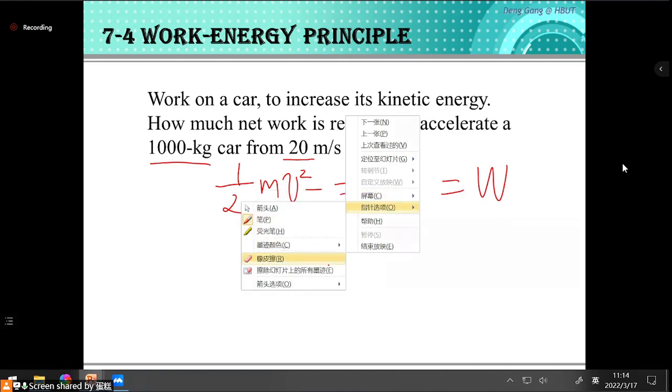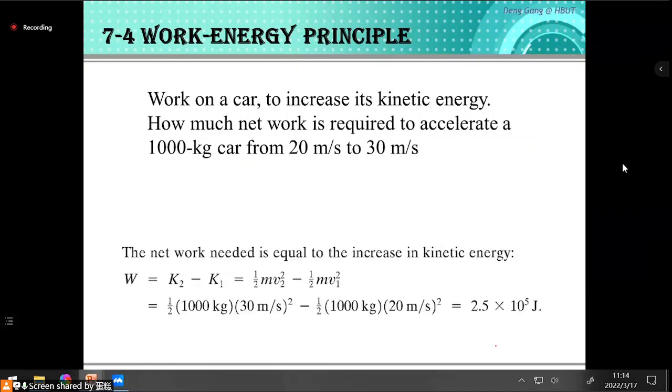The work required is large. You may, for example, want to double the speed. If you double the speed, that means 4 times the kinetic energy.